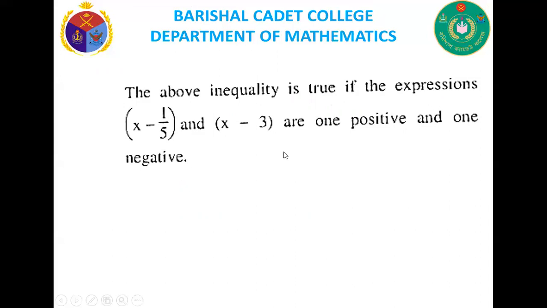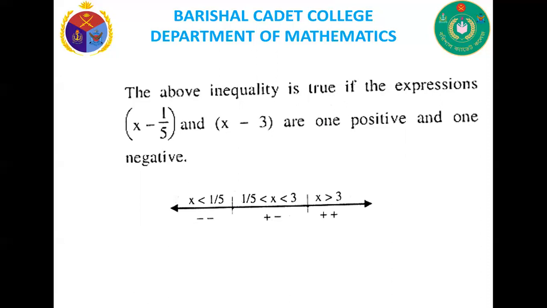So we use a number line. In this number line, we see that if the value of x is less than 1 by 5, then both of these expressions are negative. If the value of x is greater than 1 by 5 but less than 3, then one is positive, another is negative. If the value of x is greater than 3, then both of these expressions are greater than 0, that is both are positive.